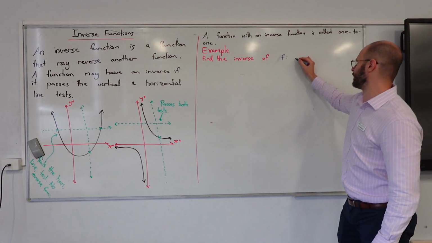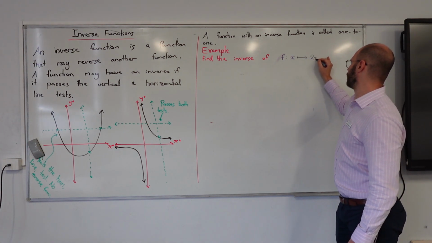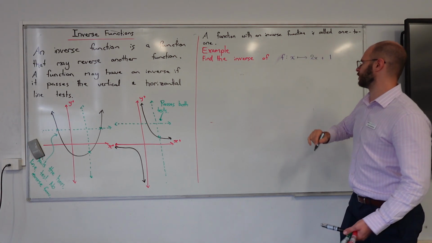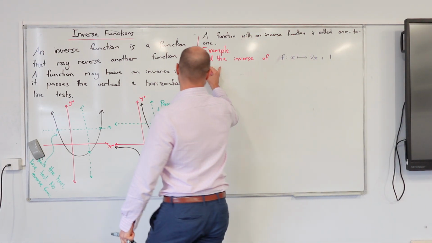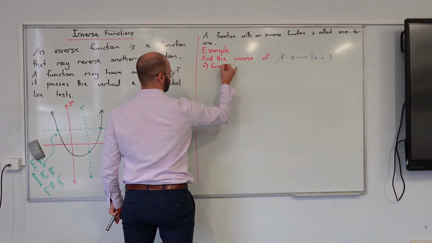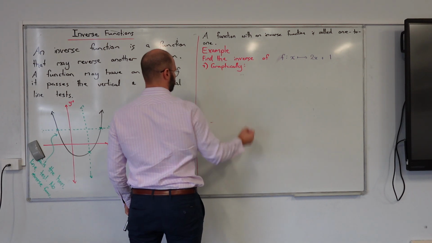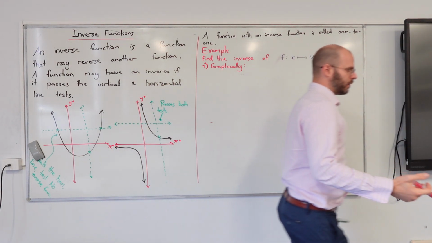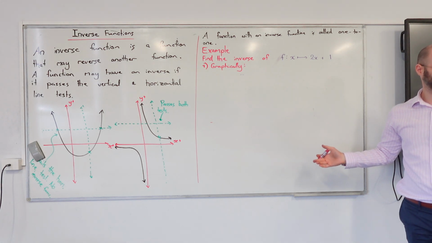f is the machinery that transforms x into 2x plus 1. The first way we're going to do it is graphically. So, if we have to do something graphically, what do you reckon we have to draw?